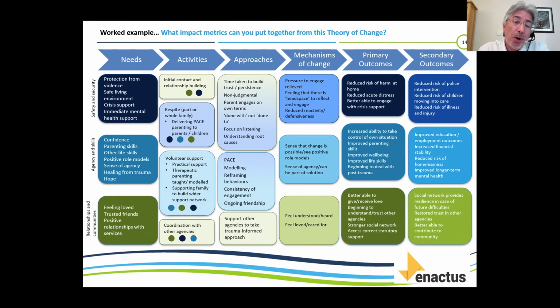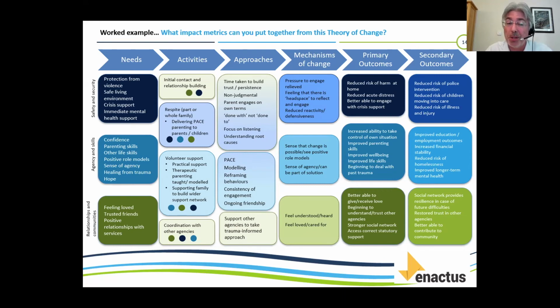First of all, let's look horizontally. Can you see in the needs column, there's a dark blue, a medium blue and a green colour blob. Those are three areas of need. So looking at the families that are being helped by this intervention, they need safety and security. They need to be back in control of things, and to some extent they need to be skilled up.